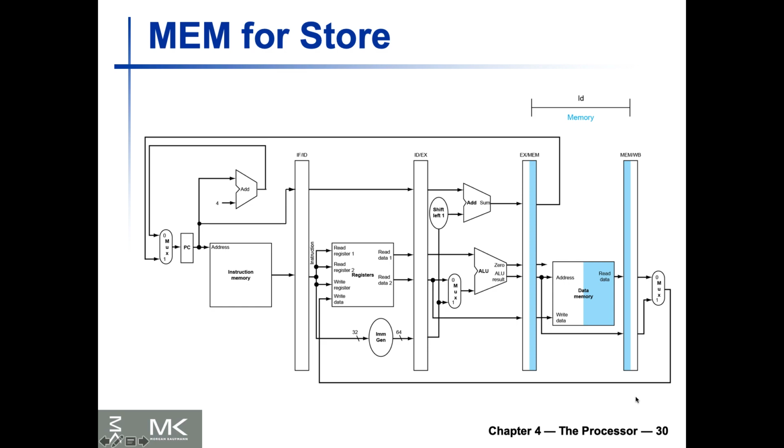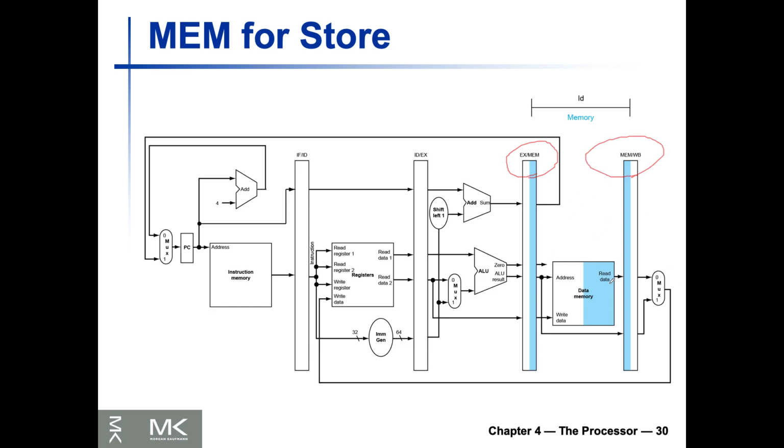All right, let me just finish with the store and then we're going to recap them again. After passing the execution stage, now in the fourth stage, the data are written into the data memory for a store. They're coming from this XMEM register, and then we are trying to manipulate it in order to write it into this register.